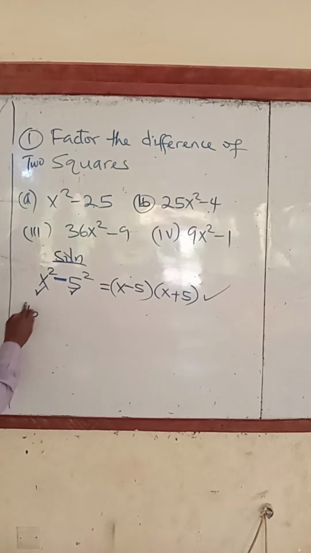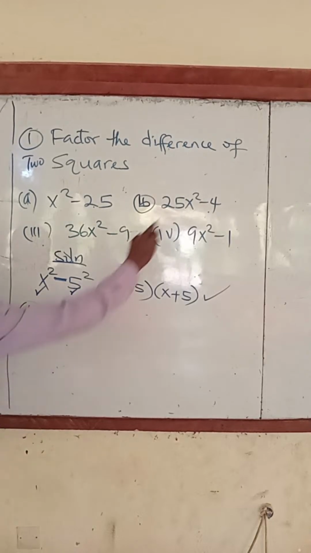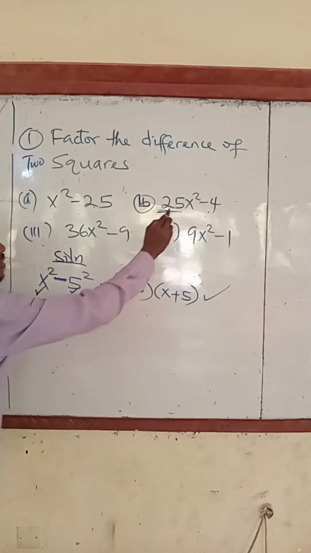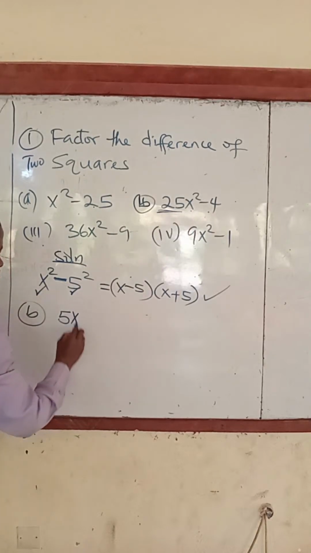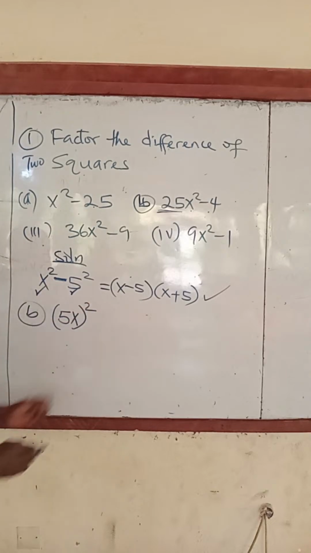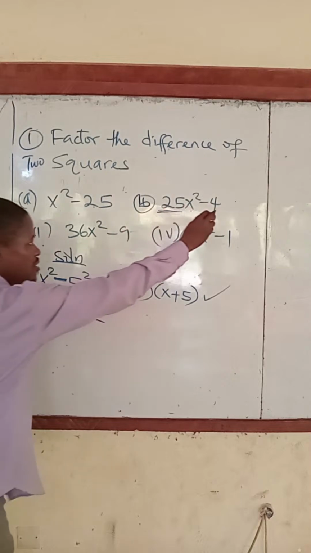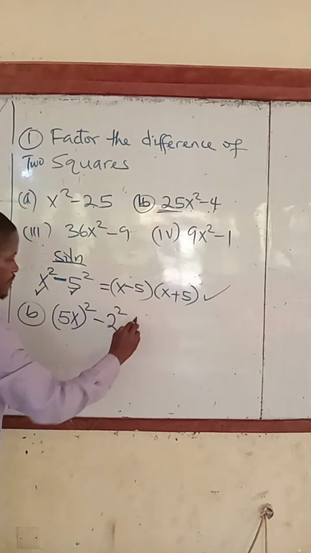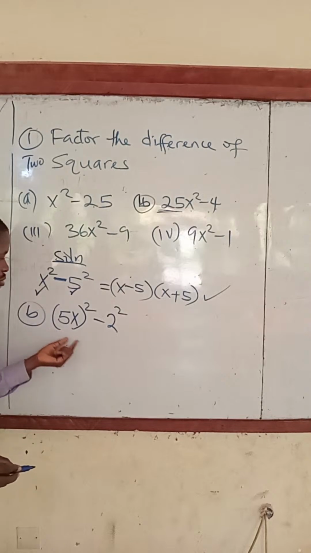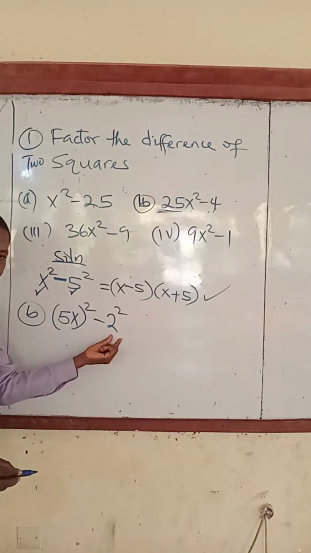The B part, the second one, the 25, we're going to make it 5x. And then you open and close the brackets, and that will be 5x squared minus what? The 4 is 2 squared. So we have succeeded to make the first one a multiple, the second one a multiple.